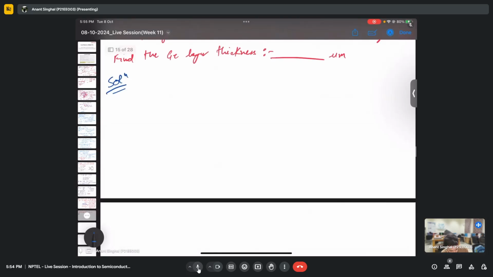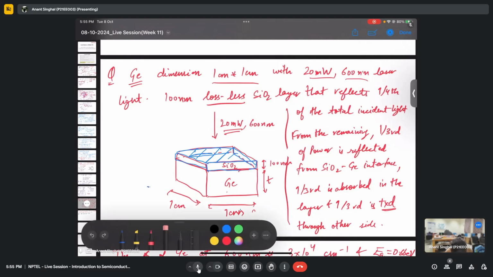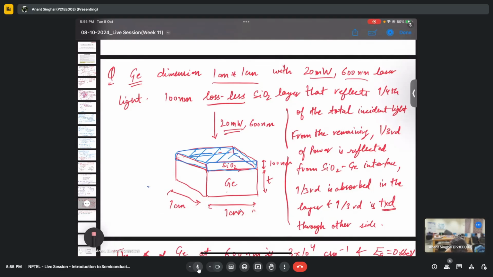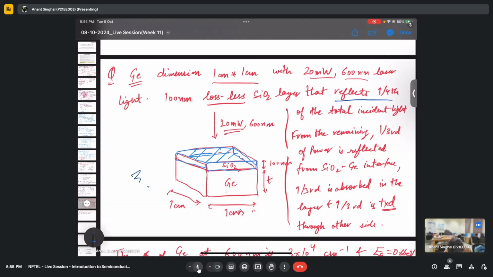So what the question says is that the total incident power is 20 milliwatt. The first thing the question says is this silicon is lossless and one fourth of the total is getting reflected.